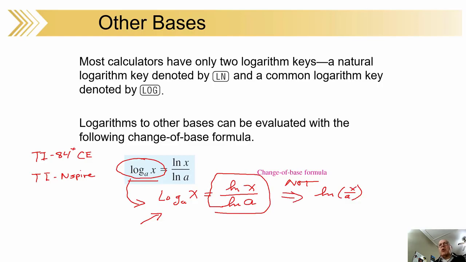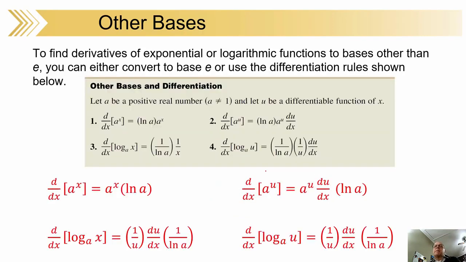Do a control division sign, you've got the fraction, and then put the things in on the top and the bottom. It's that easy. But you have to remember, if you have to do that, then the x is on the top, the a is on the bottom, all you have to do is take the natural logarithm of both and divide the two results.